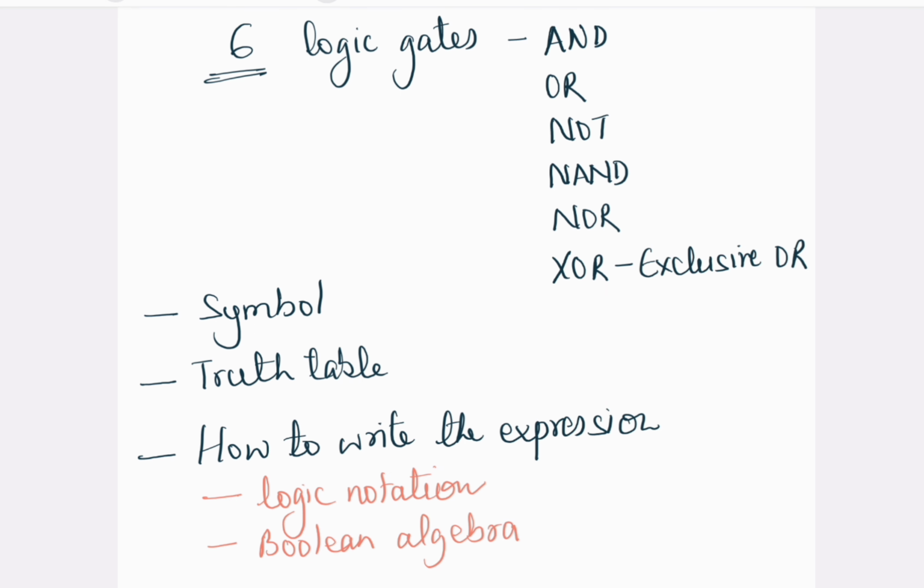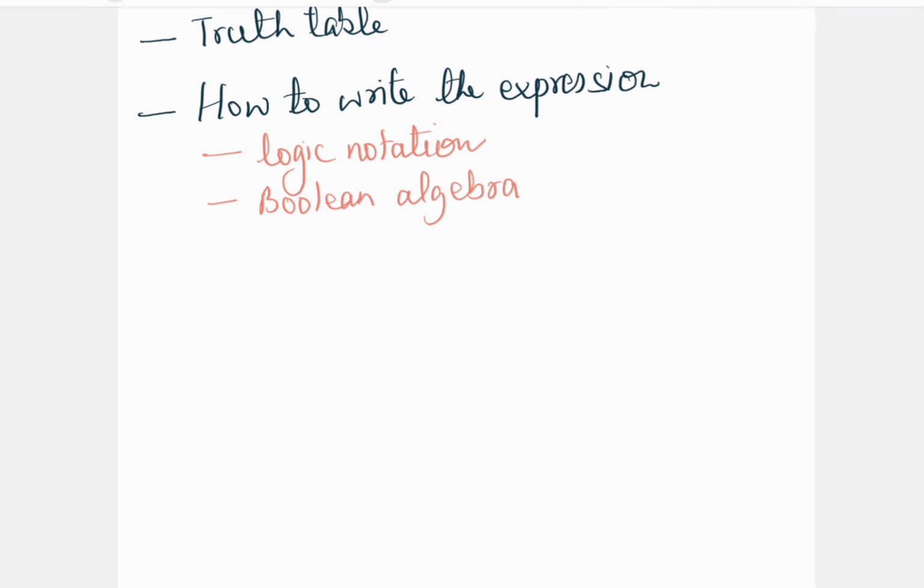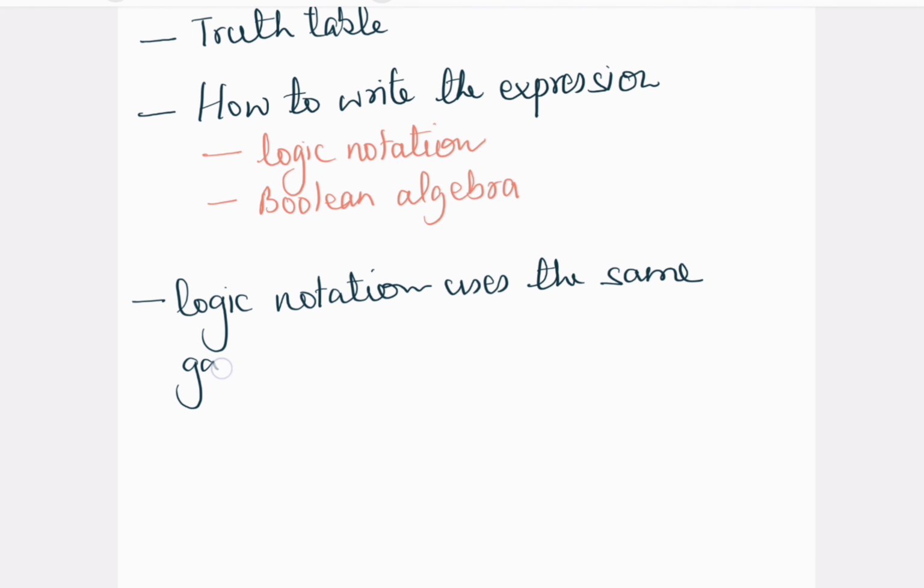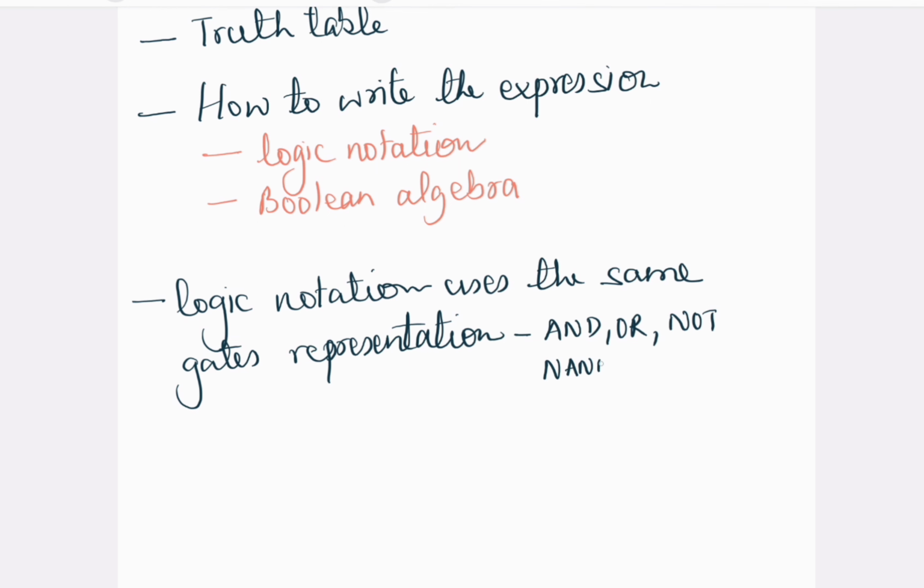Let's understand. Logic notation uses the same gates representation, that is AND, OR, NOT, NAND, NOR, exclusive OR. However, the Boolean algebra has got a bit of relation with math.